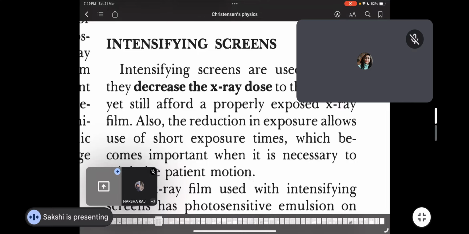So film will be there, but the intensifying screen is an add-on. It boosts the image brightness and also reduces the radiation dose to the patient. The most important question asked on this will be why exactly we are using it: just to decrease the X-ray dose to the patient.